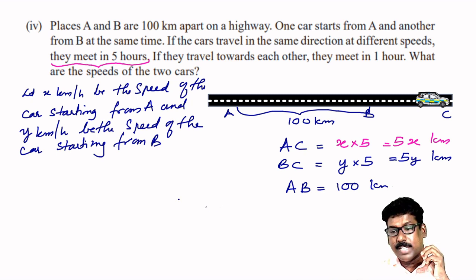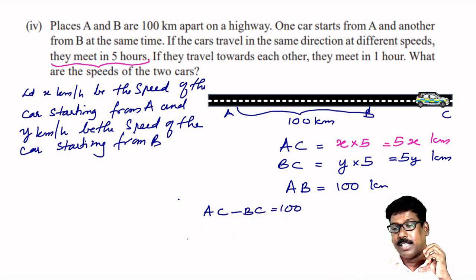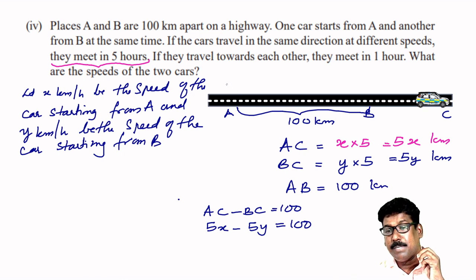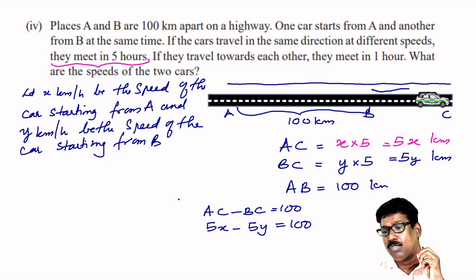Here you will get AC minus BC as 100. That is 5x minus 5y is equal to 100. AC means the distance from A to C and BC means the distance from B to C. So if you subtract BC from AC, you will get AB, that is 100 kilometers.